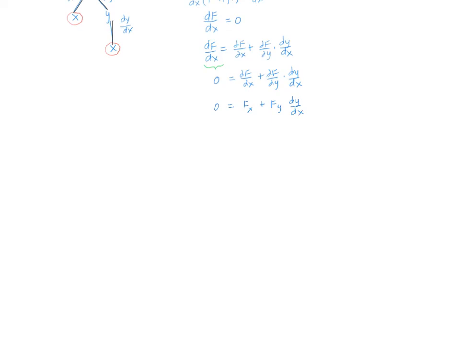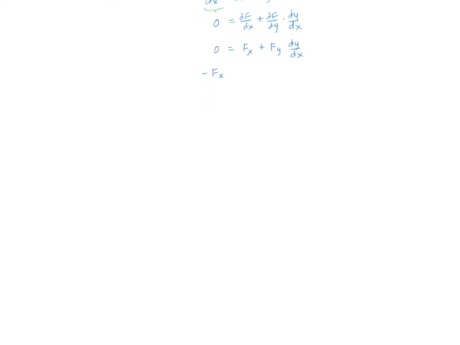So I would simply subtract the partial of f with respect to x from both sides, and then divide both sides by the partial of f with respect to y to get my dy dx. And that verifies the theorem for implicit differentiation.